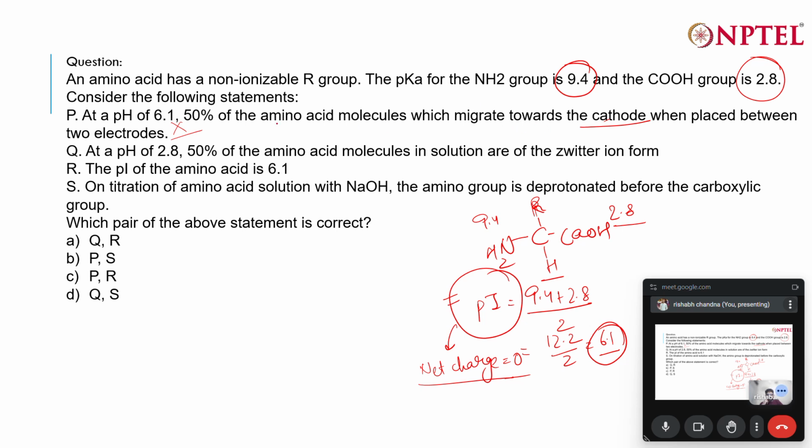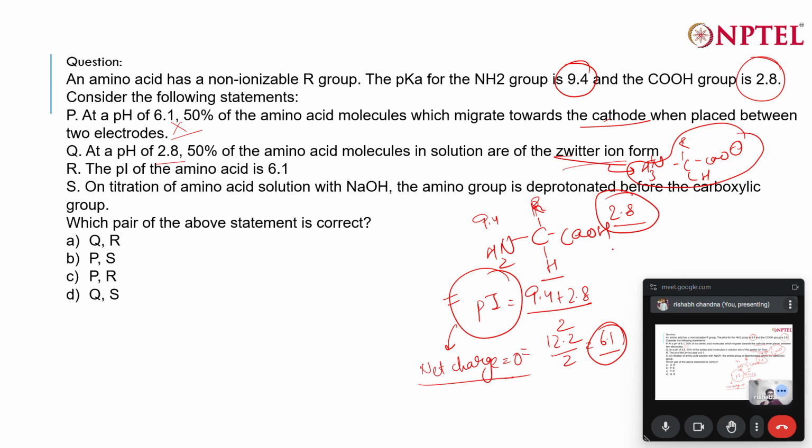At a pH of 2.8, 50% of the amino acid molecules in solution are in the zwitterion form. Zwitterion form is the ionic form of this amino acid: NH3 plus, C, R, COO negative, and the H. At pH 2.8, that is the pKa for COOH, so 50% of the molecules will be in zwitterion form.